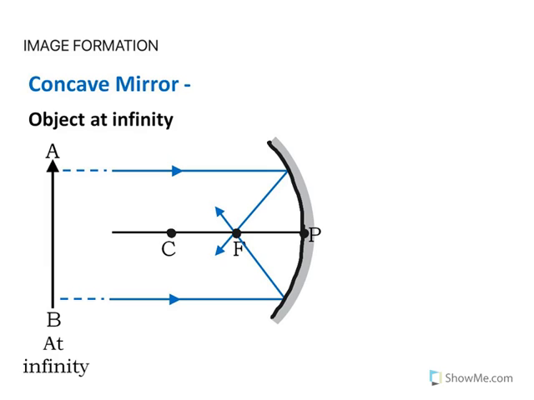Now rays coming from infinity are considered to be rays parallel to the principal axis. So here's a ray coming from infinity parallel to the principal axis, and you know after reflection it passes through the focus. This ray again, parallel to the principal axis, after reflection will pass through the focus. So the image is formed at the focus.